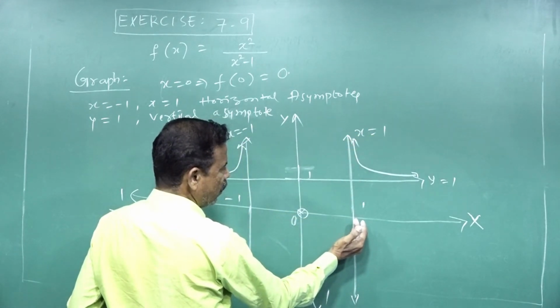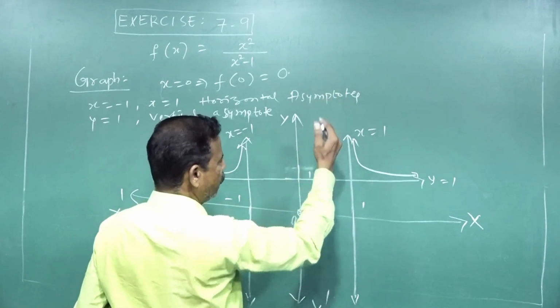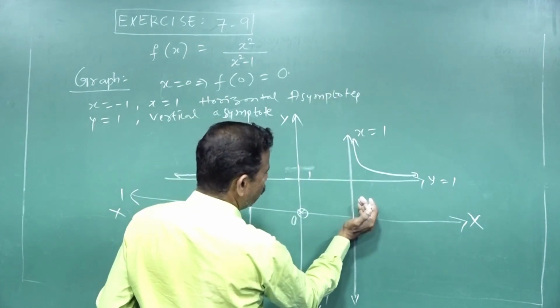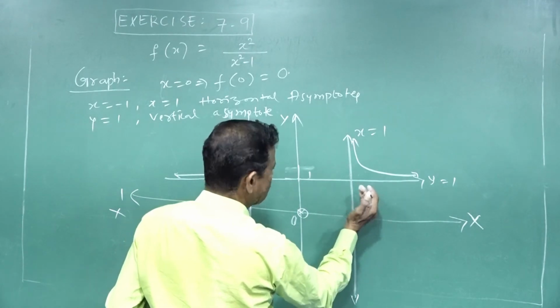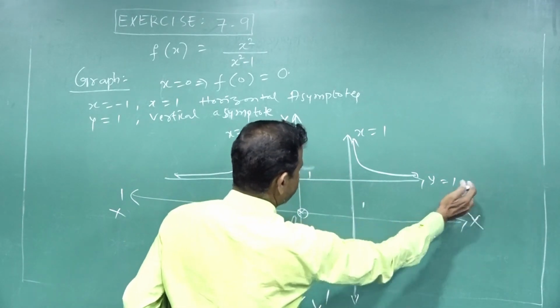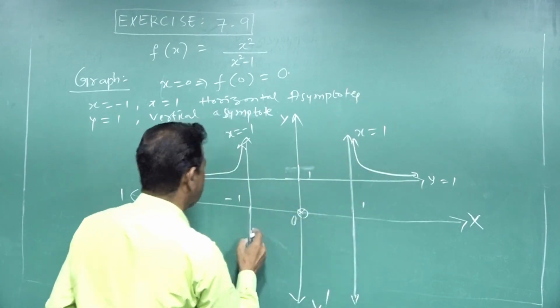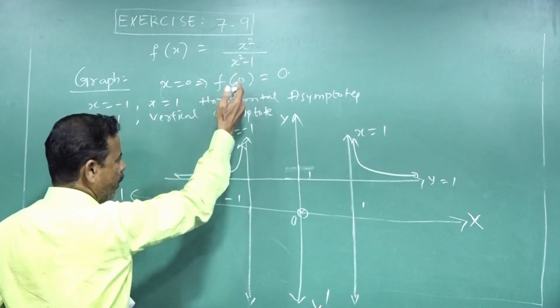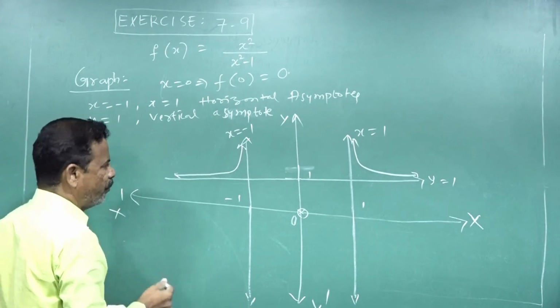At plus 1 minus, it is infinity. At plus 1 plus, this side is infinity, this side infinity. So this is the one curve. This side above is infinity, this left side also infinity.